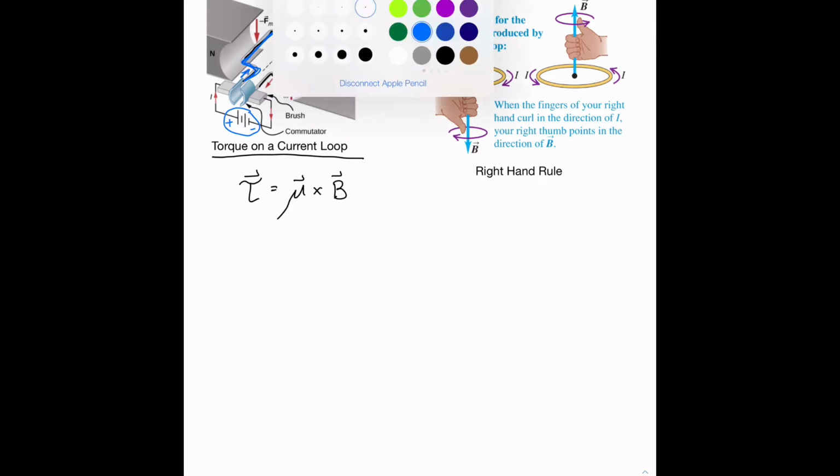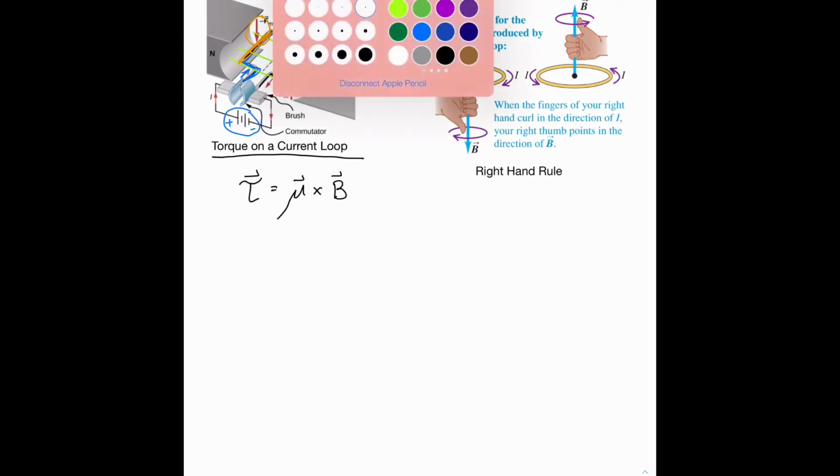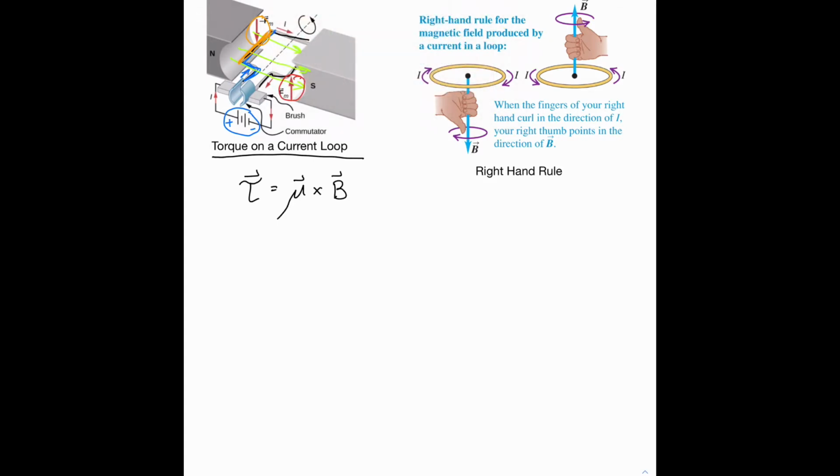So if you point your thumb into the page and then you point your fingers to the right in the direction of this external magnetic field, then you'll agree with what's already indicated here, that the force on this segment of wire is downward, and likewise, as already shown here, the force on this portion of the wire is upward. And so the net effect is that there's a torque that causes this loop to rotate in the direction shown right here.